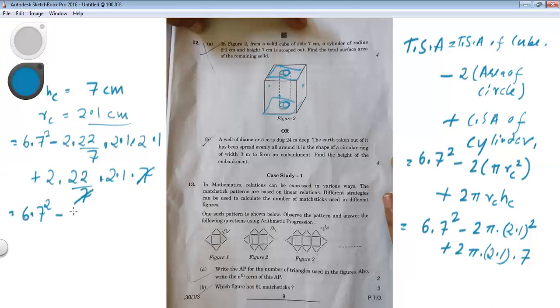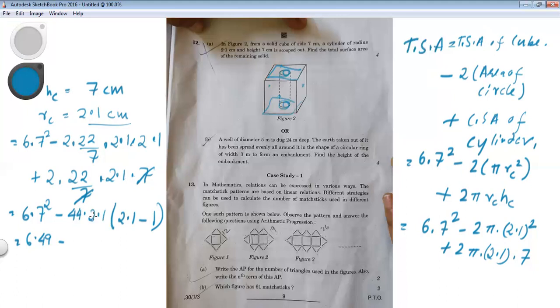Minus. Let's take 44 into 2.1 outside. What you get inside is 7 minus 2.1. So this leaves with us 49 into 6 minus 44 into 2.1.